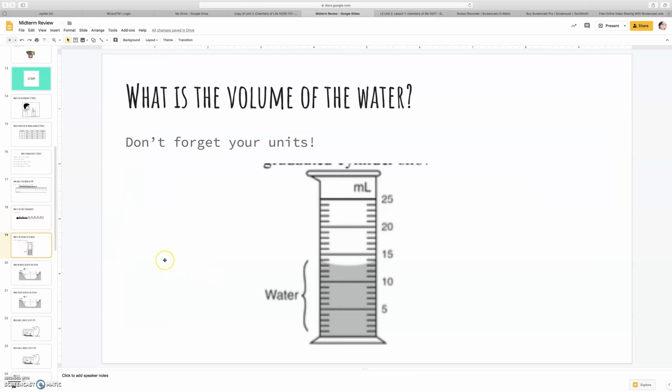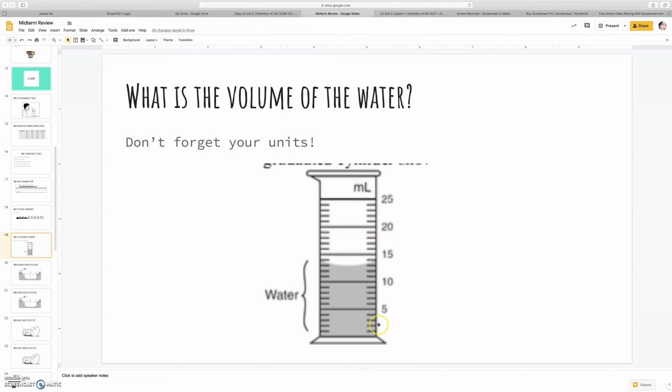Here we have a graduated cylinder. We're going to be using graduated cylinders a lot. And know that you measure from the curvature of the water, not the corners. That is not the accurate measurement. So if you're looking at this, you know that it's going by 5, 10, 15, 20. And these individual measurements are by 1.